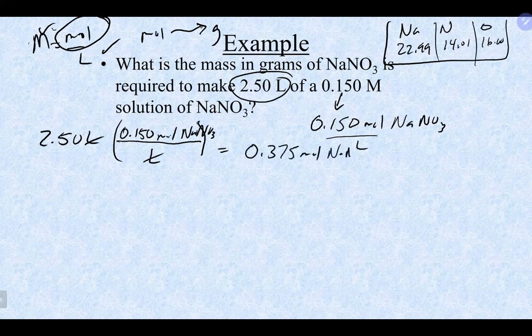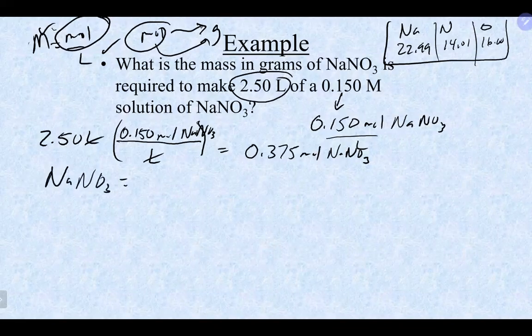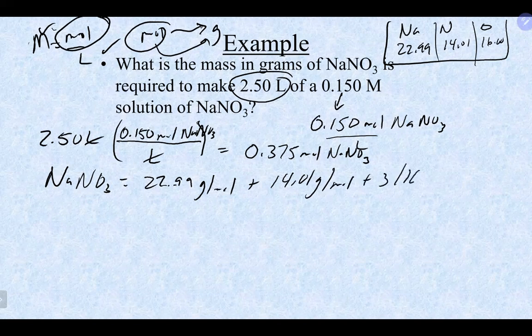of our sodium nitrate. So once again, we're close to where we're at. We do need to get over to grams. So that is again going to be our periodic table and our molar mass. That's going to allow us to do that. So we're just going to add up all the parts here for sodium nitrate. That is 22.99 for the sodium, 14.01 for our nitrogen, and 3 times 16 for our oxygen.